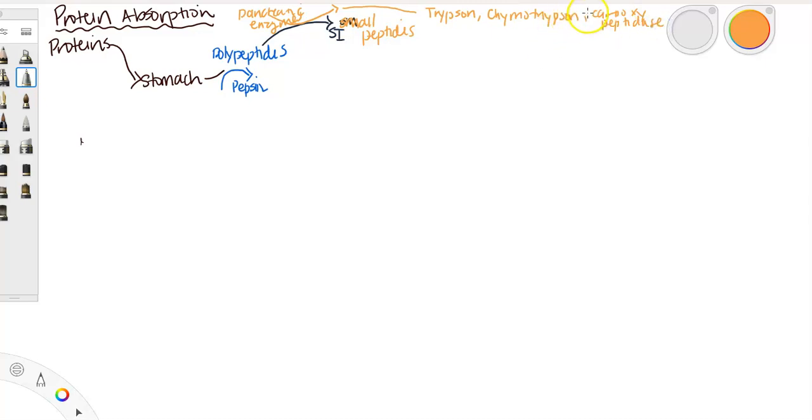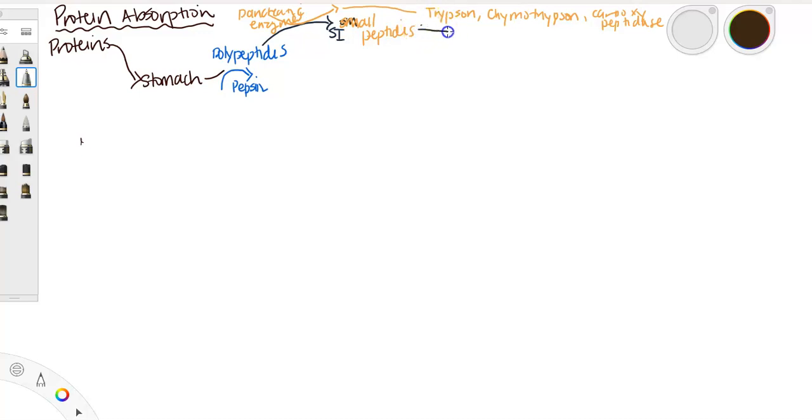So those are the three proteases that are there to break down proteins into smaller peptides, so small peptides.